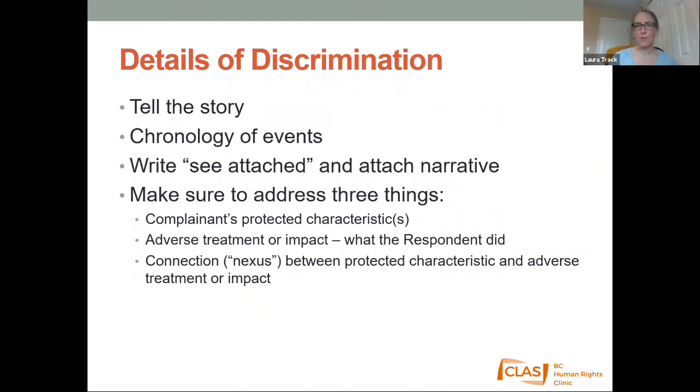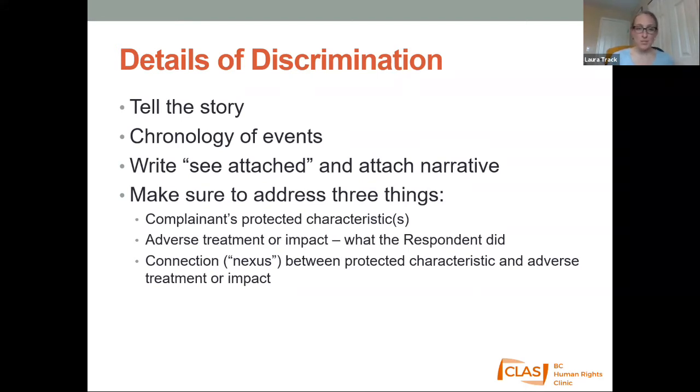If you don't remember the exact date, you might just write in July of 2020 or last summer this happened, if you can't remember exactly when things happened. And do your best to sort of set out piece by piece, date by date, what happened and how it was discriminatory, why you believe this was a violation of your human rights.